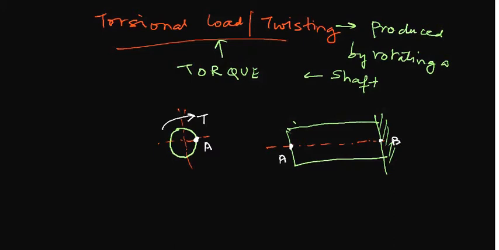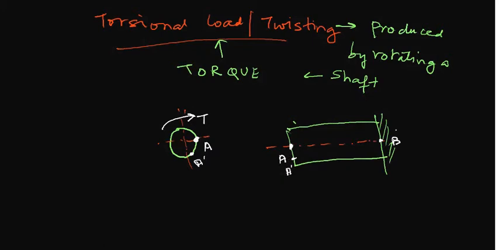Let's readjust the size of the arrow. Let's just keep it like this. Now when you're turning it, let's come to the elevation again. When you're trying to turn it by applying a torque T on the free end of the shaft, this point A will move here and will come to a position A dash. If I visualize it on the side view, it will be somewhere here. Let's say this is A dash.